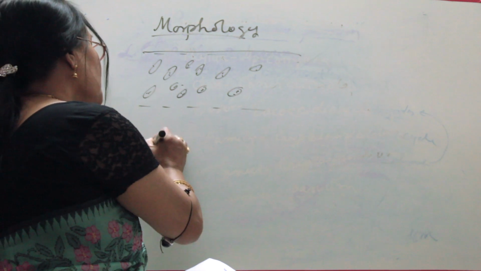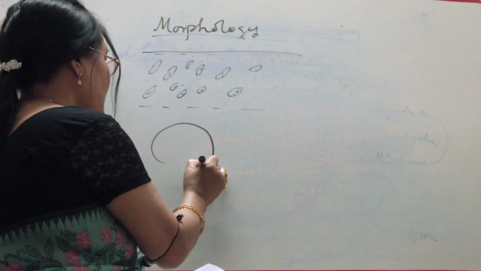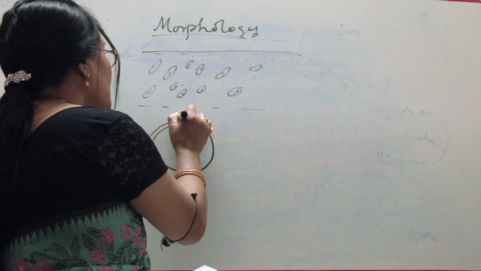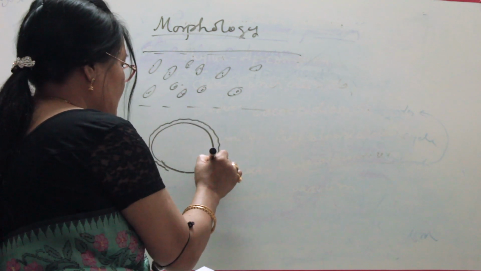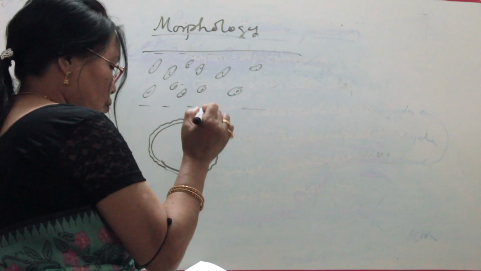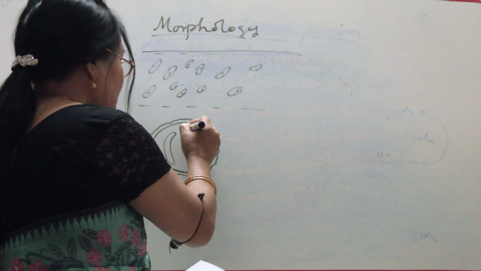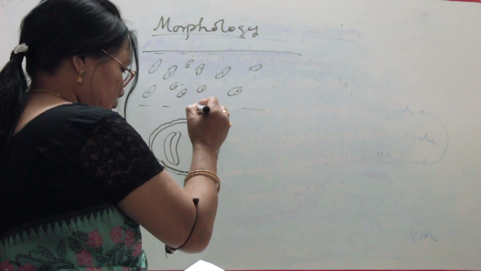The oocyst is of two types: one is the thick wall and the other is the thin wall oocyst. The thick wall oocyst passes along with the feces of the infected person.